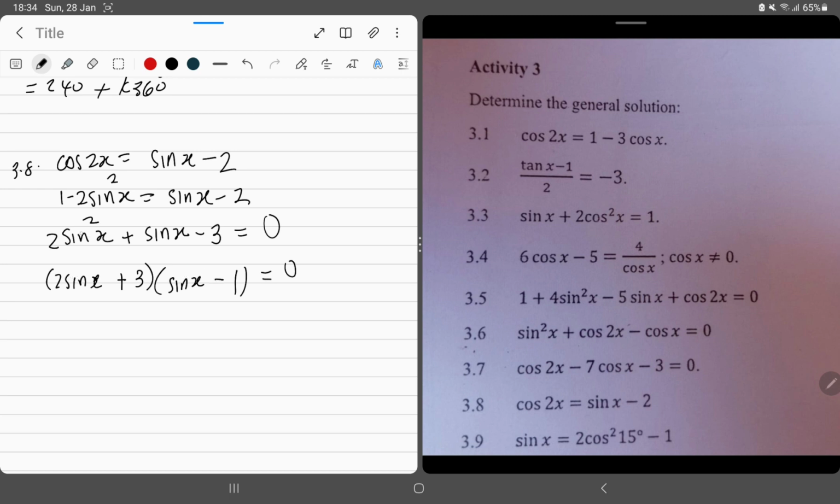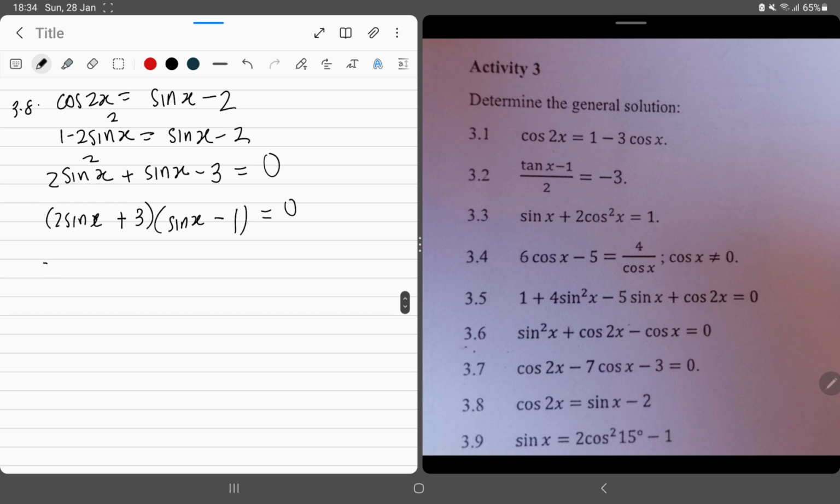Sine times sine is 2 sine squared. That's minus 3. And minus 2 plus 1. That's a sine x. Yes. So sine of x is equal to negative 3 over 2, or sine of x is equal to 1. No solution.